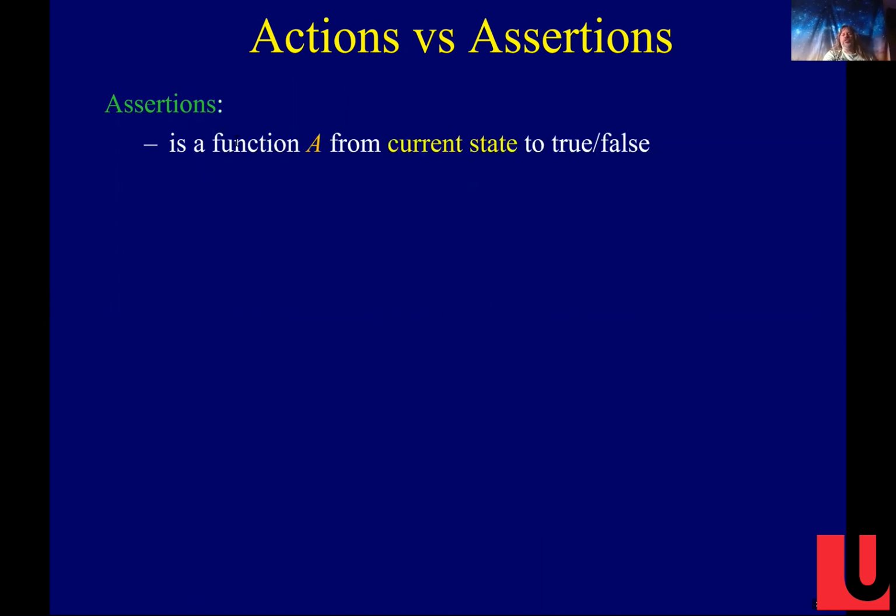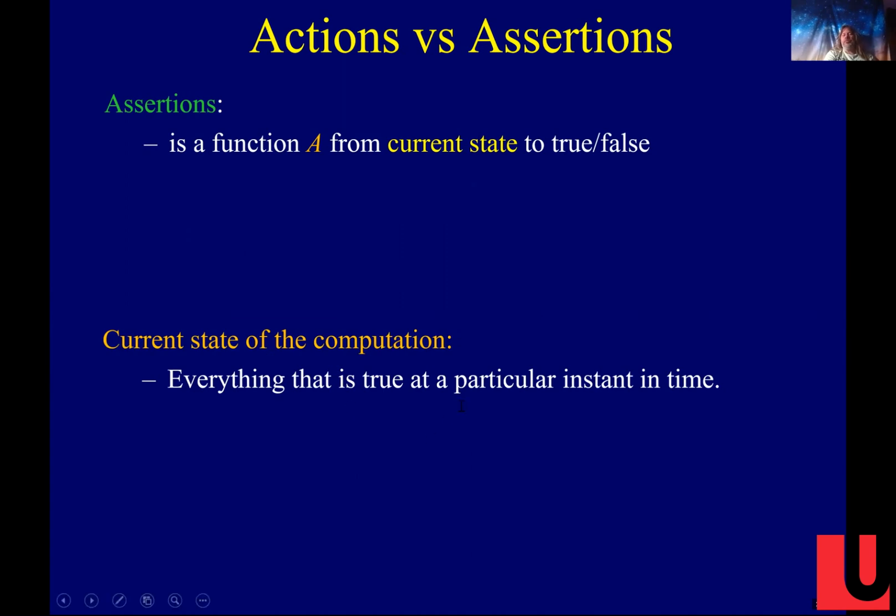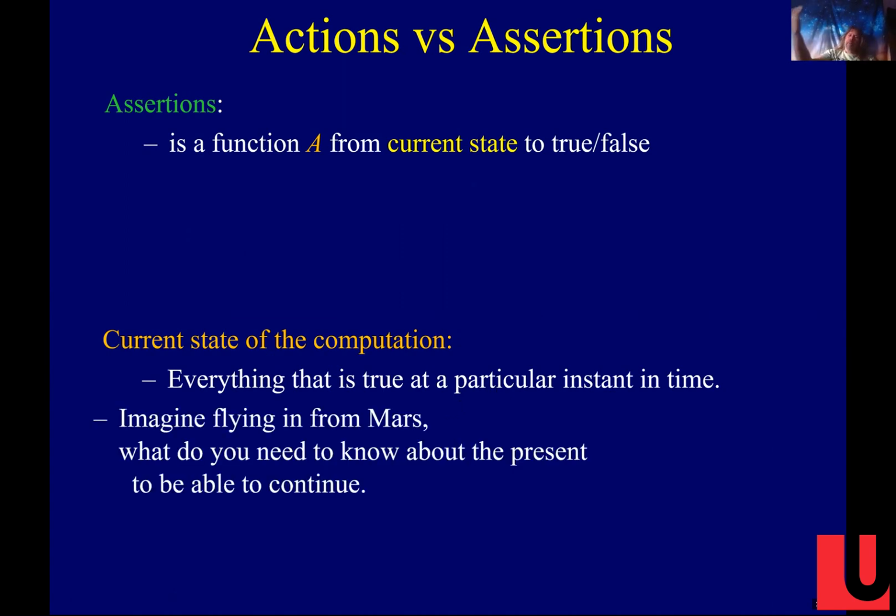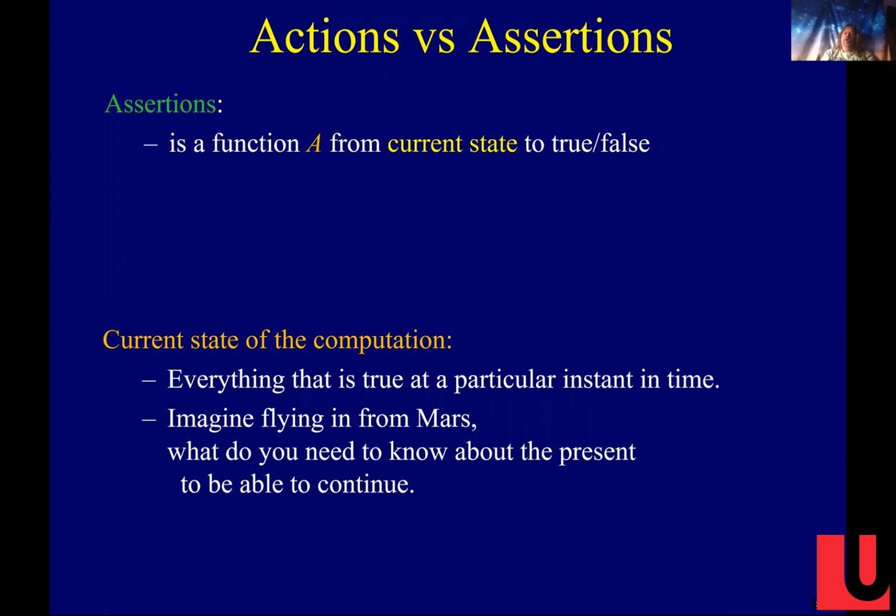What is an assertion formally? It's a function that takes as input the current state and returns true or false. So what is the current state? It tells you everything that's true at a particular point in the computation. Imagine you're flying from Mars. What do I need to tell you about your computer so that you can continue the computation?